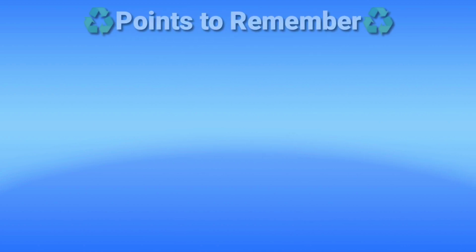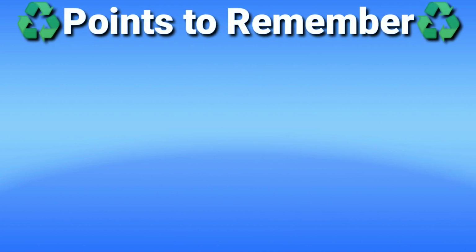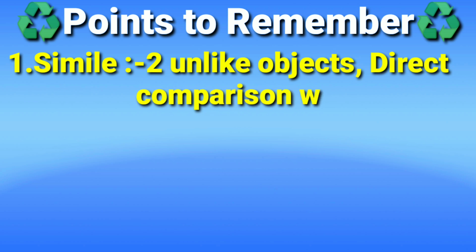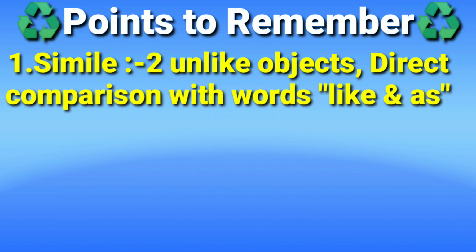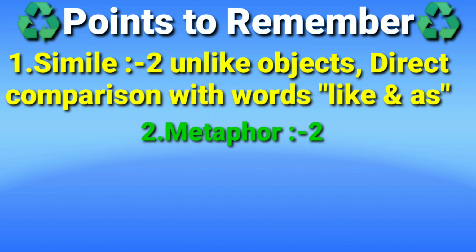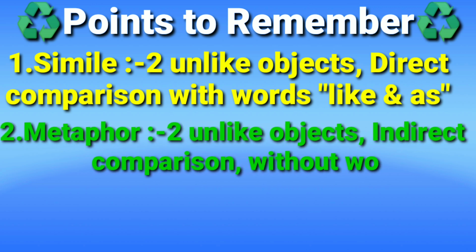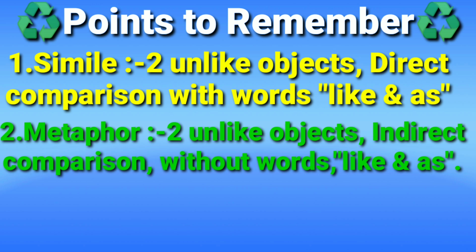Now let's see quickly some points to remember about today's video. Very first figure of speech, simile: two unlike objects, direct comparison with the help of words like 'like' and 'as'. Metaphor: two unlike objects, indirect comparison without words like 'like' and 'as'.